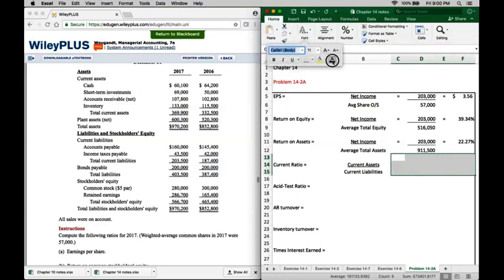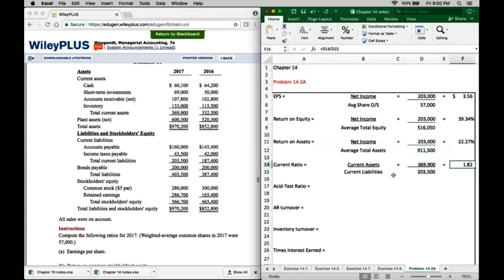Typically, a 2:1 ratio is considered to be a very healthy number, certainly from the perspective of the vendors and suppliers. A lot of companies will say it's not necessary, especially if they don't have too much in inventory or prepaid expenses. Then a 2:1 ratio is not necessary.